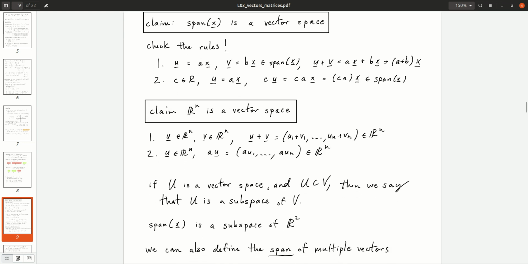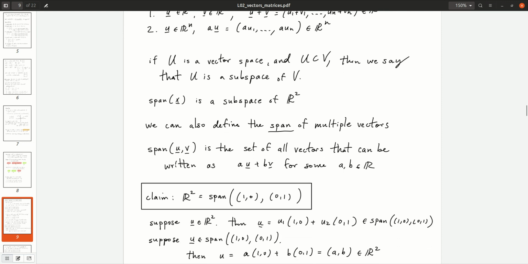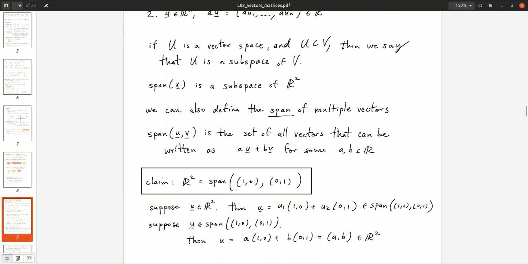Now, as I said before, when we start talking about spans, we're going to start with the simplest possible case. So this is the next most complicated version of a span. We can also define the span of multiple vectors.